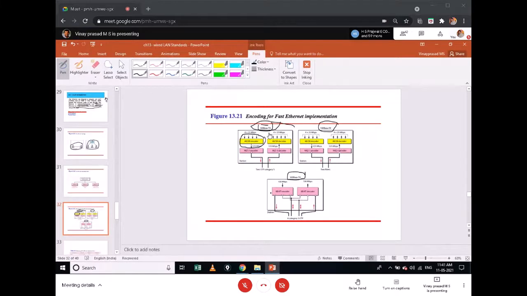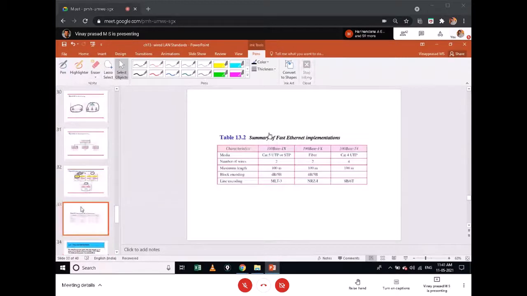Okay, so when it comes to the summary of each type, the media is Cat5 UTP or STP, here the media is fiber, and here it is Cat4 UTP. The number of wires is 2 to 4, and the maximum length is the same across all these implementations: 100, 100, 100.